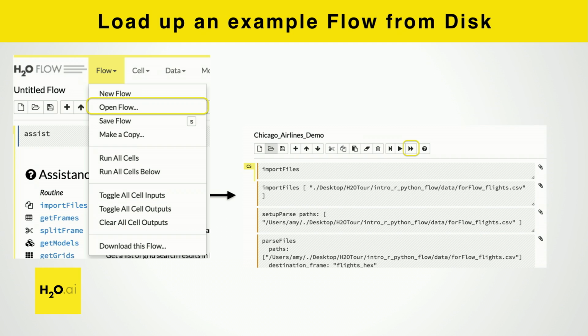What should be automatically generated are the import files and parse files cells, which are the first things you'll see. And right over where I have the little yellow button, that's how you run the entire flow. So if you don't want to run it by hand, with Control-Enter, cell by cell, and see what happened, if you just want to run it all and see the graphical outputs, you can click on the Run All button and basically ignore when I run through it cell by cell.